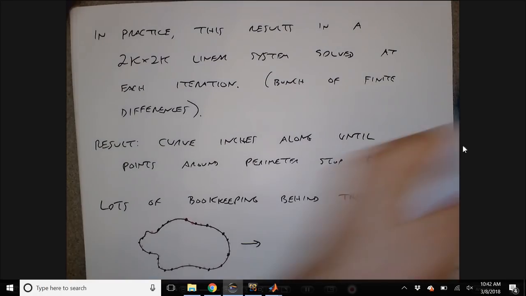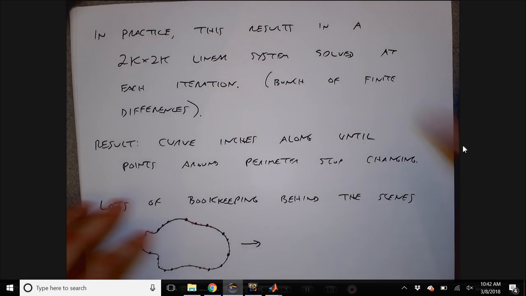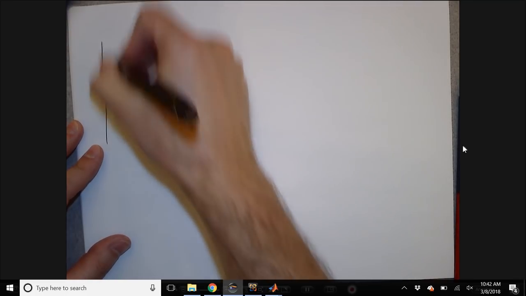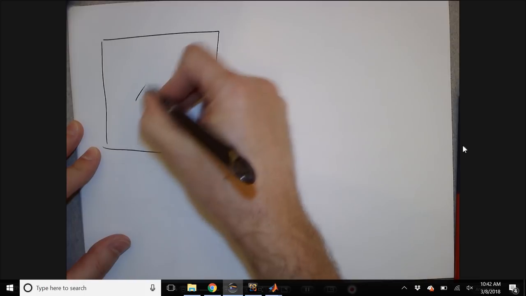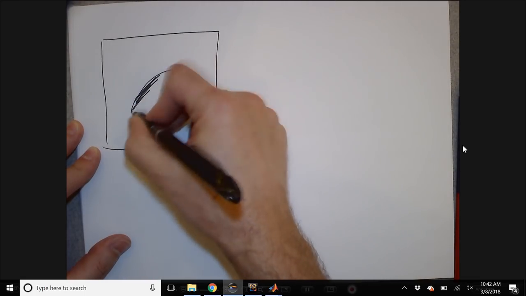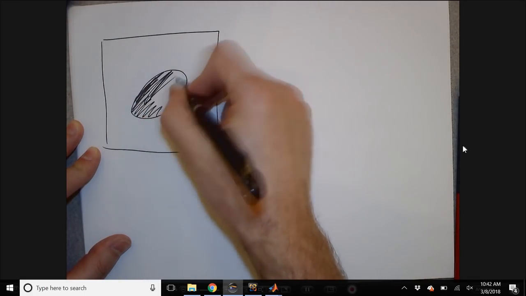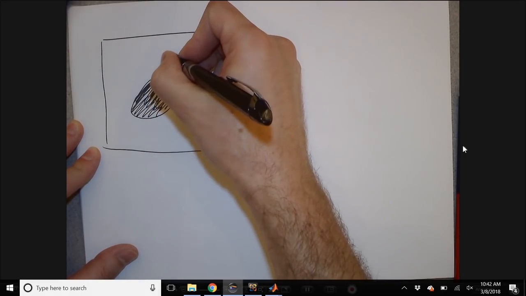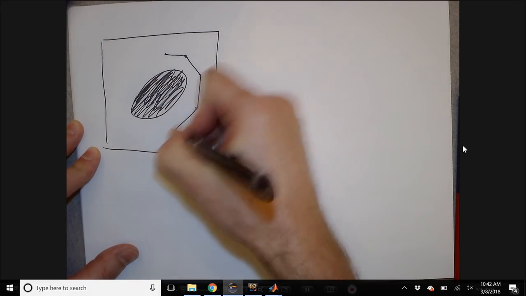The problem is that suppose I have a situation like this, which is kind of like what I had before. I've got, say, a dark shape on a light background, and I initialize my points like this, like I did in that example.